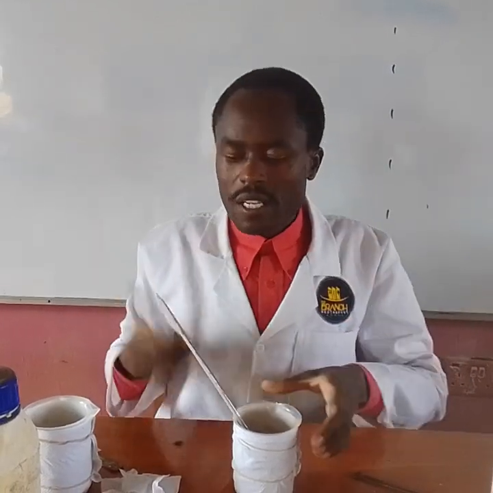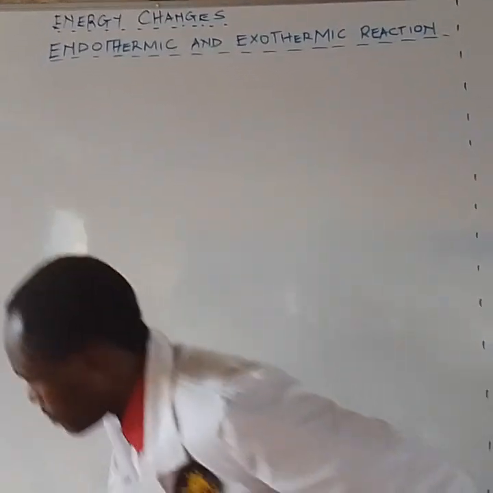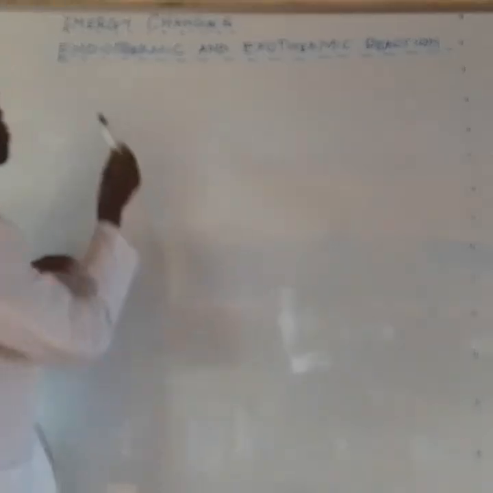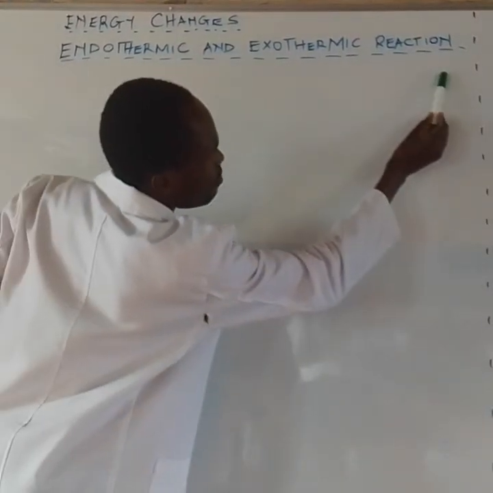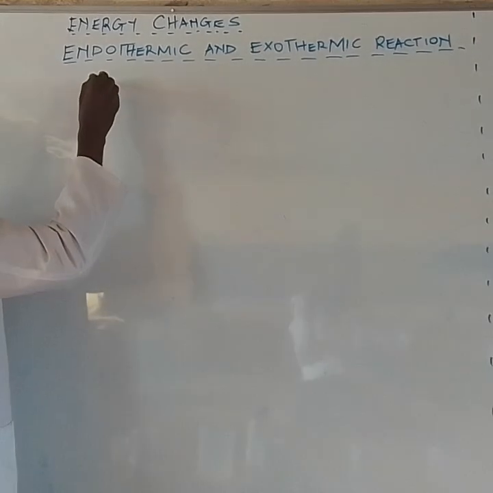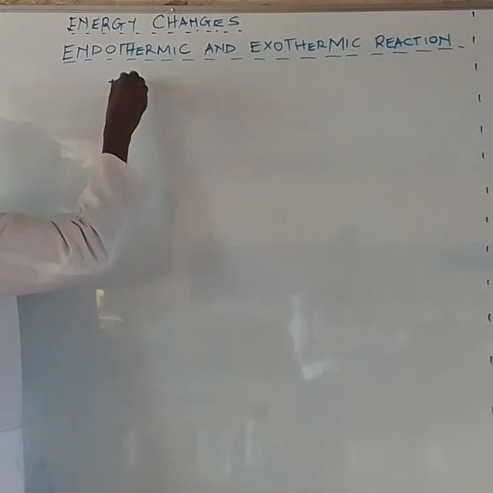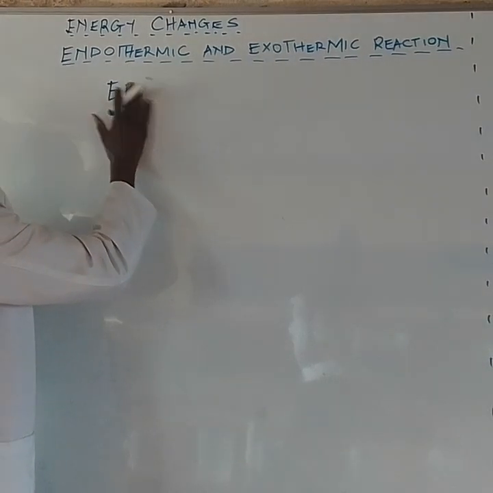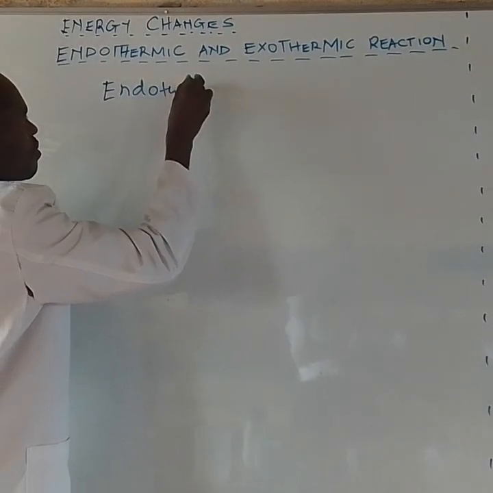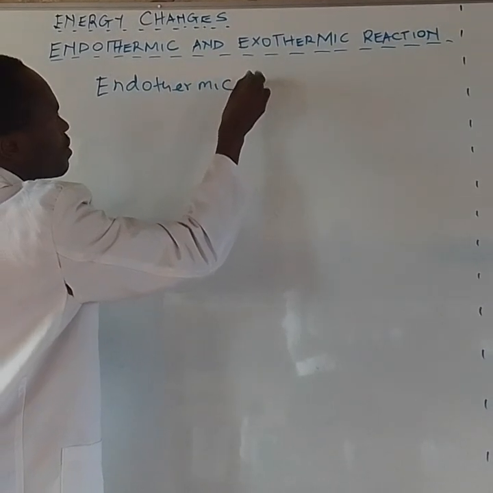So in 1 minute, let me now explain further on the board before I conclude. So my student, without wasting time, I'm talking about endothermic and exothermic reaction. So let us look at endothermic reaction.